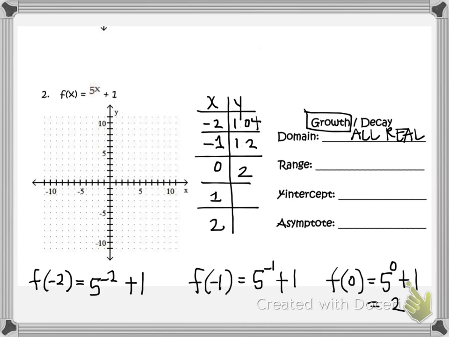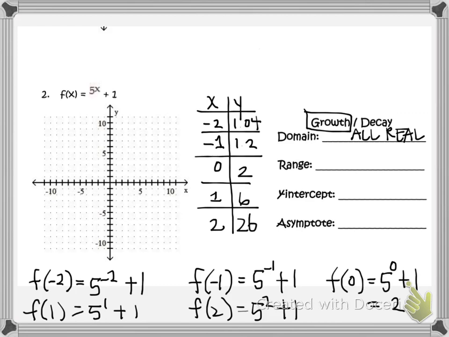Okay, if you plug in a 1, you're going to have 5 to the 1st power plus a 1, so you're going to have a 6. And f of 2, so 5 squared plus a 1, so 5 squared is a 25, so it's going to be a 26. Okay?